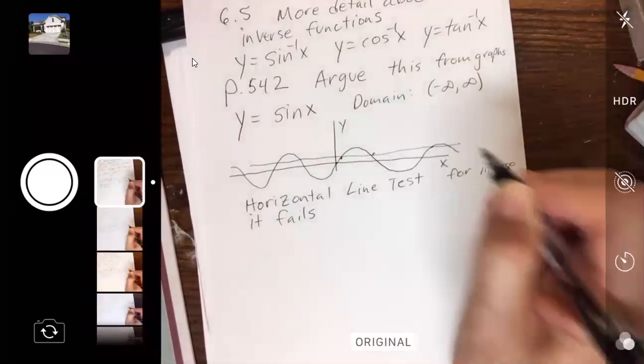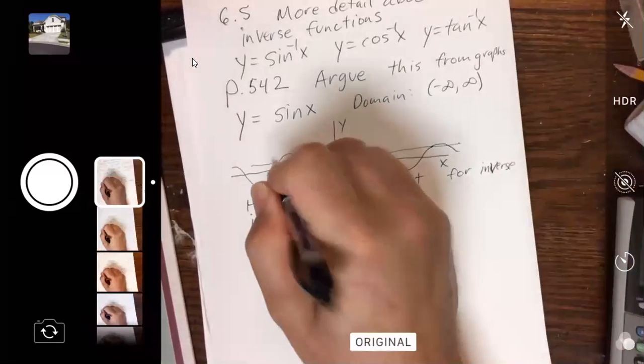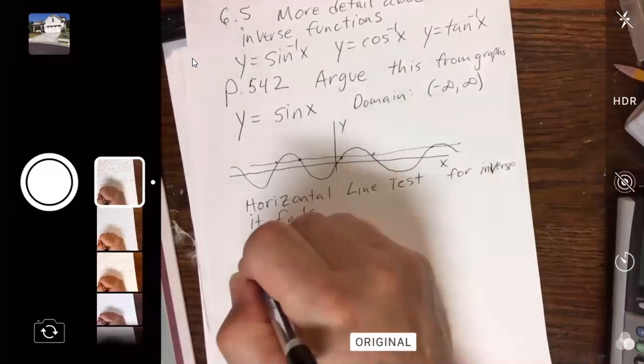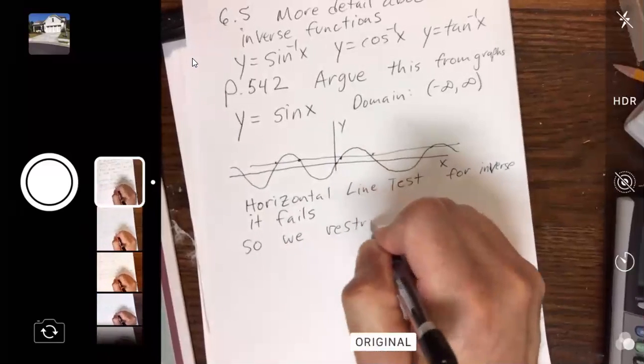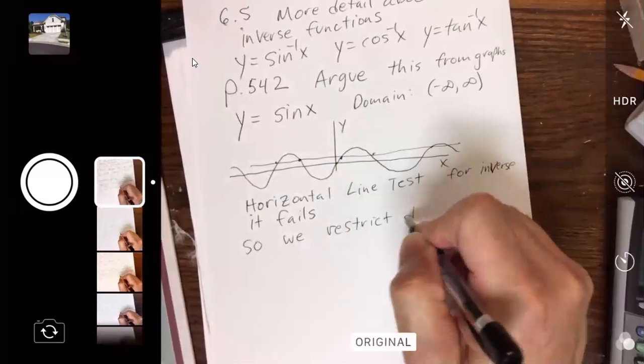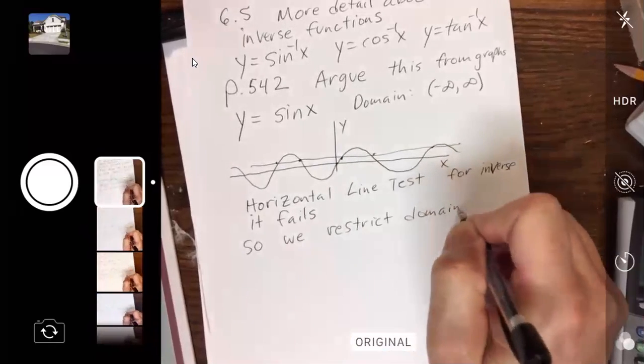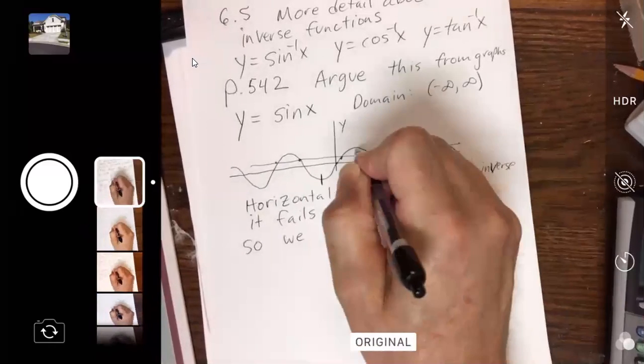This is the x-axis. So we restrict the domain. The natural places cut it there and there.